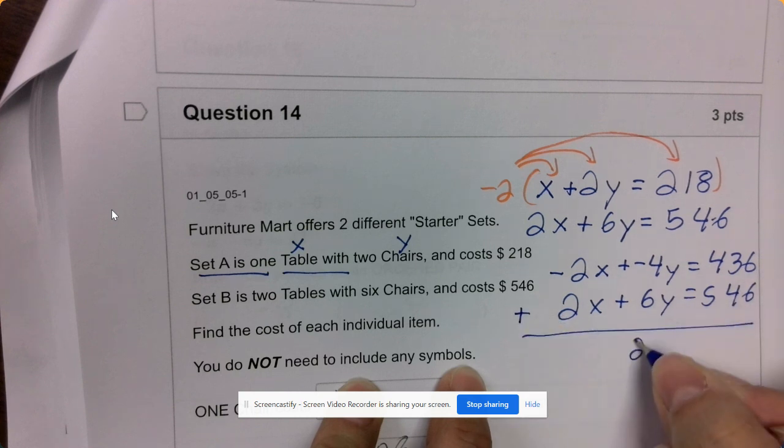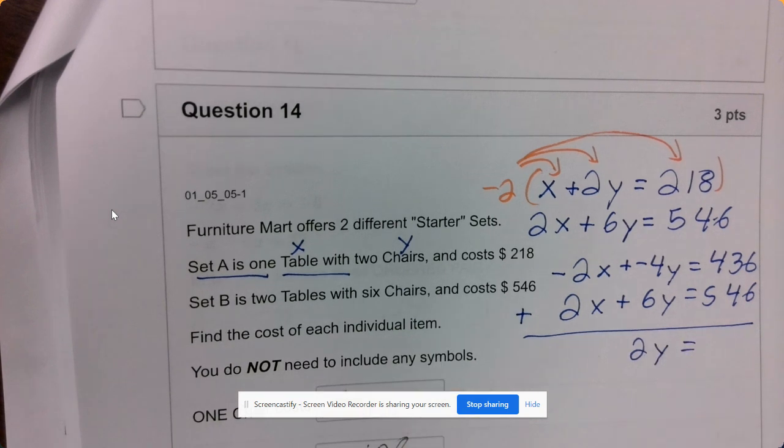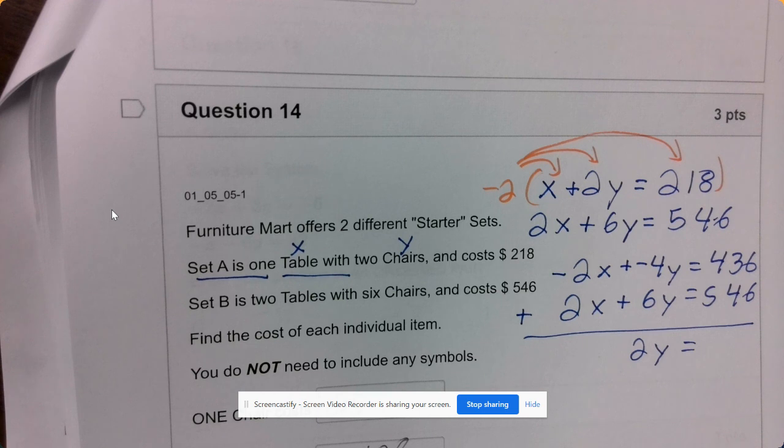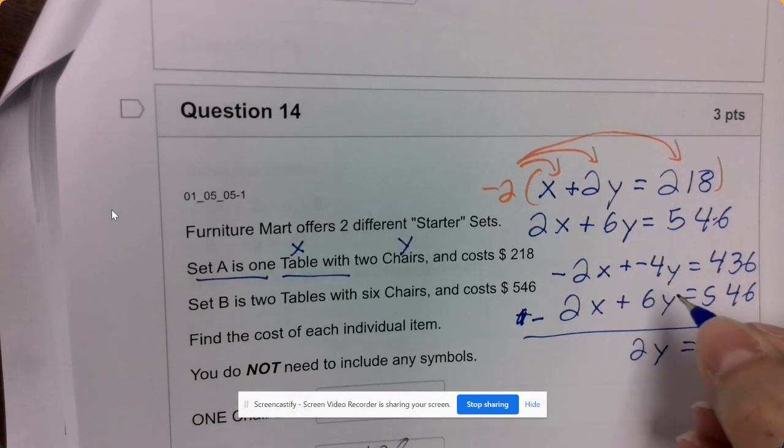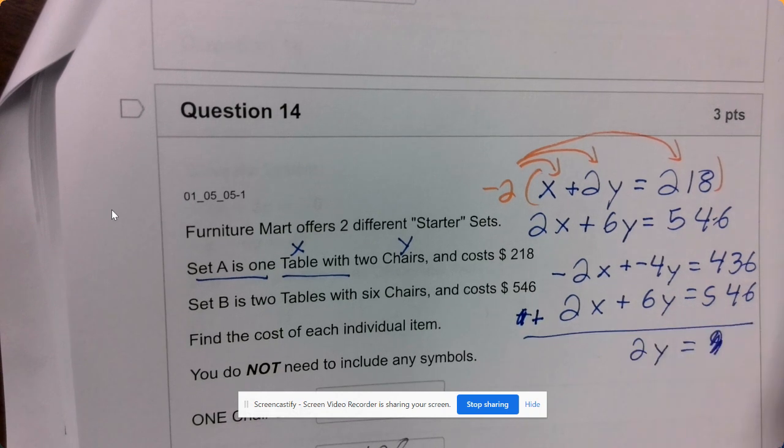We're going to get 2y is equal to... Okay, I got 982. Actually, we subtract them. If we're subtracting them, everybody, then we're adding.